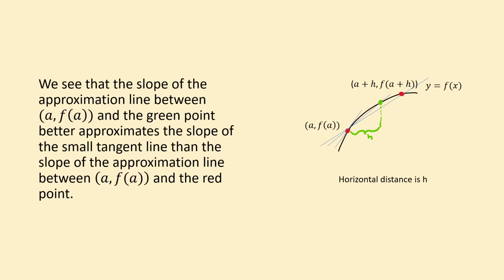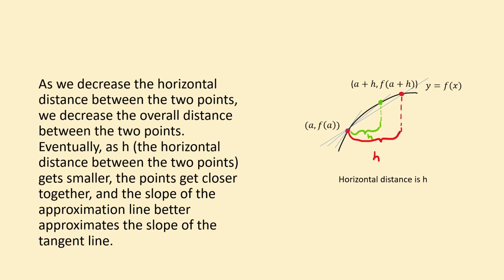So the slope of the approximation line between A, f of A and the green point better approximates the slope of the tangent line than the slope of the approximation line between A, f of A and the red point. As we decrease that horizontal distance, we decrease the overall distance between the 2 points.